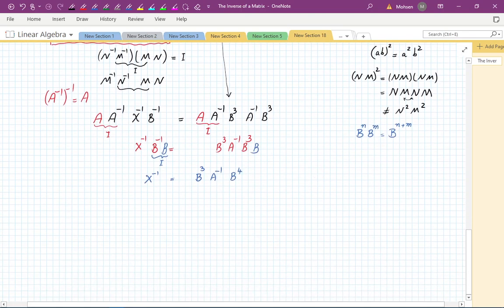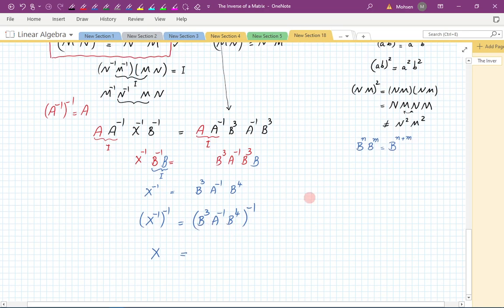What else? Well, I want x. This is x inverse. What should I do? You take the inverse of both sides. So now you have b cubed, a inverse b to the 4 inverse. Now inverse of a inverse, as we said before, is just the original matrix.